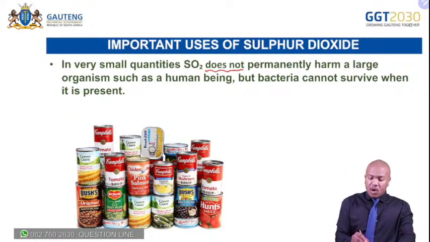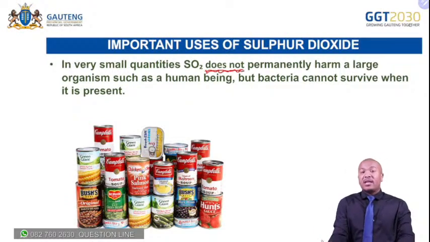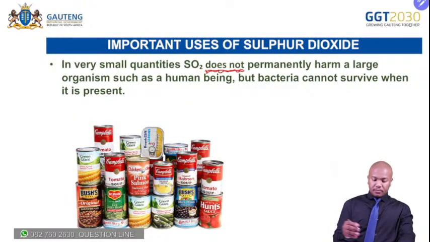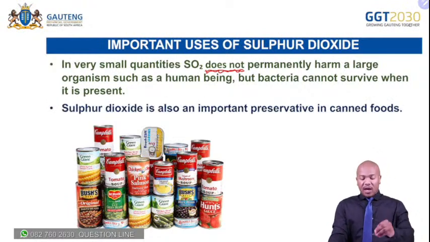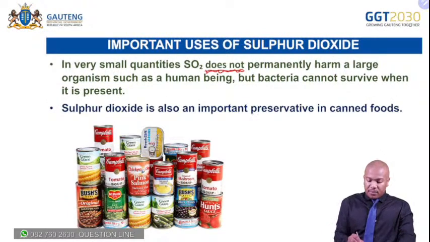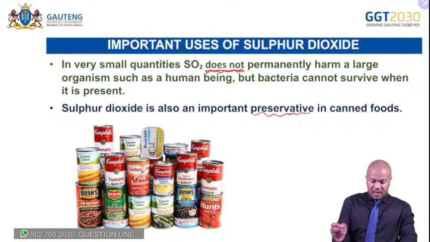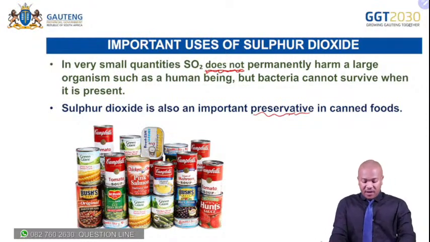So if it is in small quantities, it does not permanently harm a large organism, such as a human being. But bacteria cannot survive at all in the presence of sulfur. So now sulfur dioxide is also an important preservative in canned foods like the ones we have here, right? Your baked beans, your tin fish, and so on.